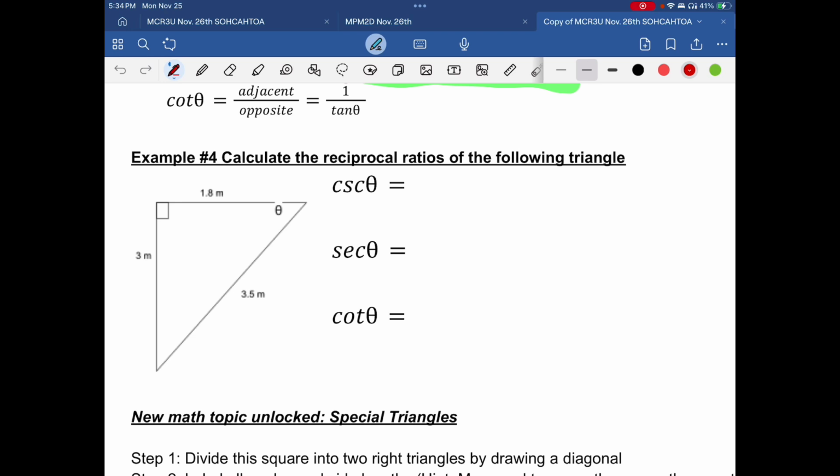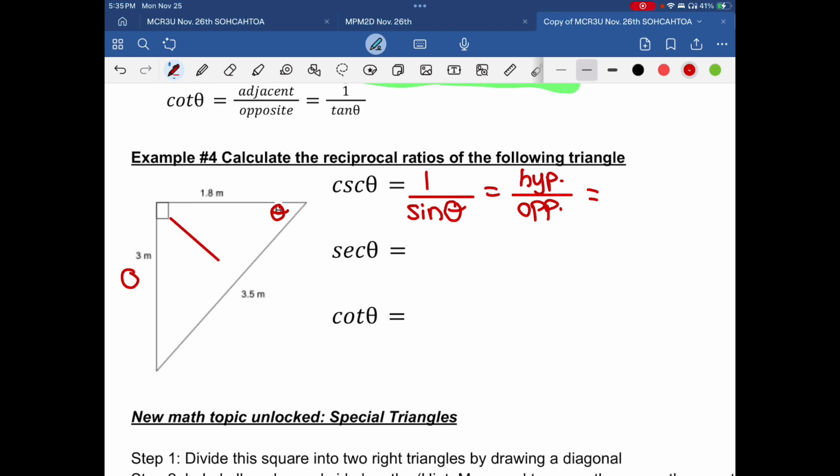So cosecant is simply, as you remember, the reciprocal of sine. So I know cosecant is hypotenuse over opposite. So based upon my angle in question, my opposite is 3 meters.